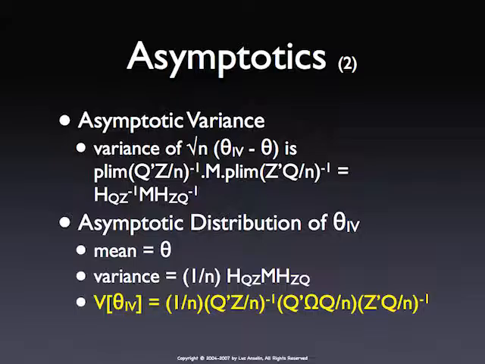The rest is nothing but a rescaling using the standard rules of computing the variance of a random variable multiplied by a constant in matrix form. So the variance of a random variable multiplied by a constant is the square of that constant times the variance of the random variable.